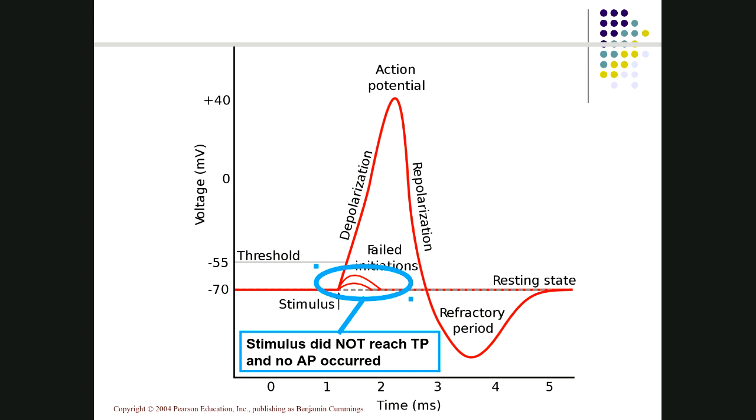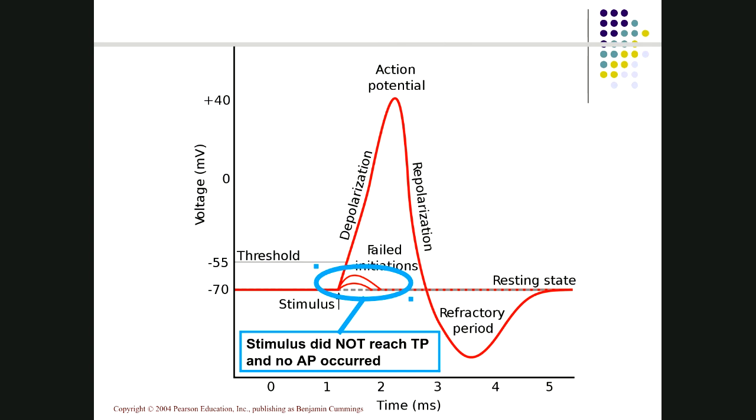And so the sodium potassium pump and the leak channels just bring it right back down to resting potential. But this large graded potential made it to threshold right there. And at threshold, the graded potential is going to end and an action potential is going to begin.